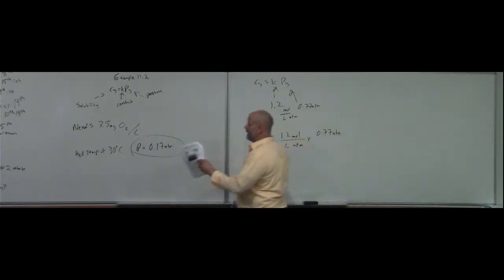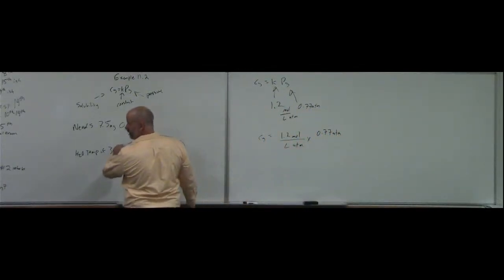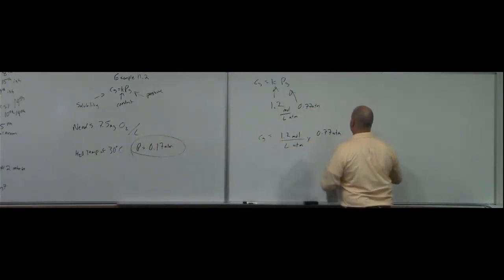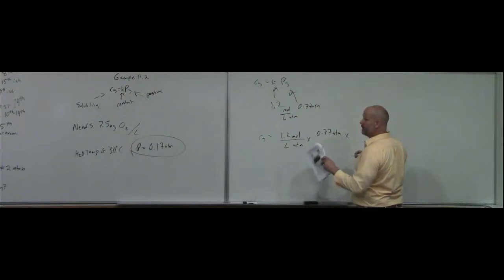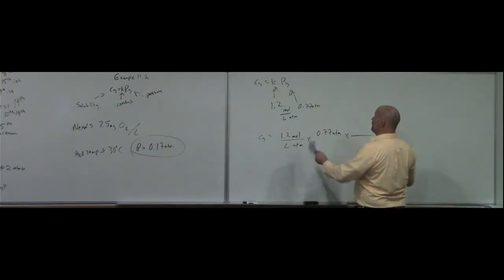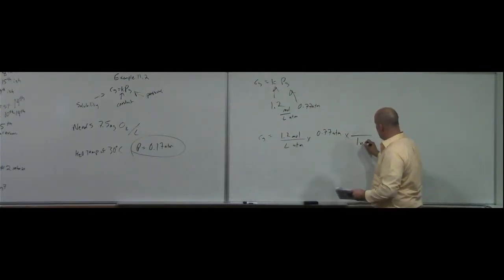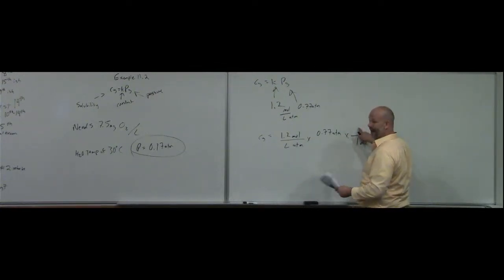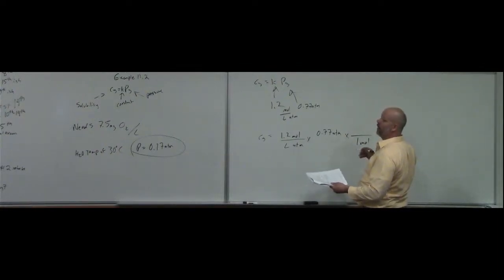But the units I need are milligrams per liter, right? So I've got to get from moles to milligrams. To do that, I'm going to put 1 mole as my denominator, and I need the molar mass of oxygen. Just oxygen or O2? Oxygen gas.